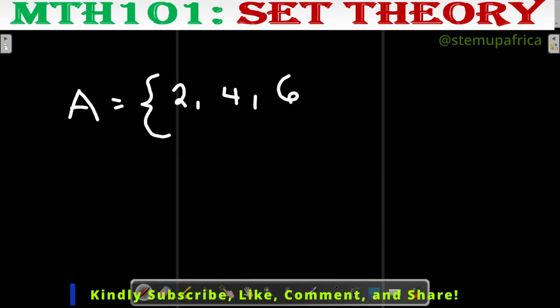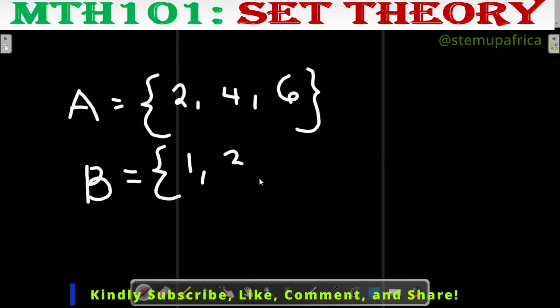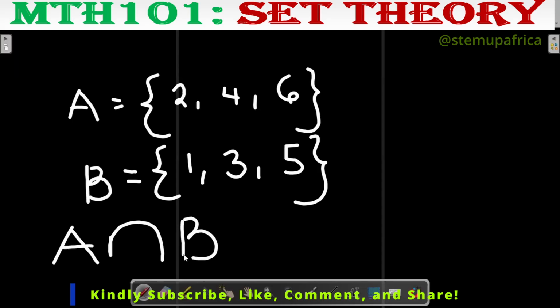All right, let's continue. Let's assume we have set A as this, and set B is now 1, 3, and 5. We now have to find A intersection B. Remember what we said about intersection: it means which elements are common between both sets.